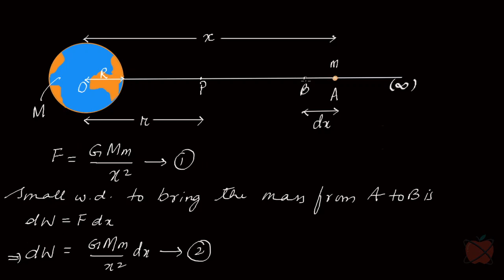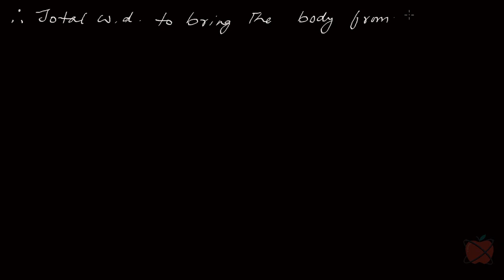Now if you want to find the total work done, we just integrate this. So the total work done to bring the body from infinity to P is W, which is equal to the integration of dW.